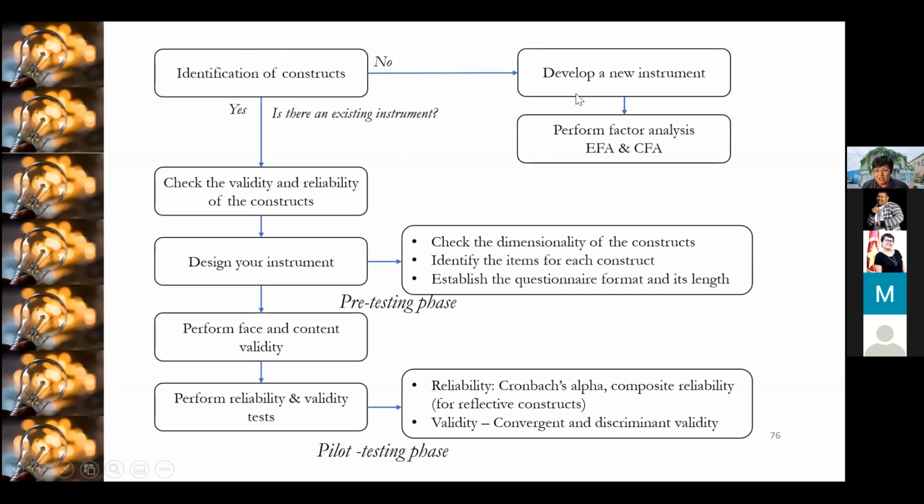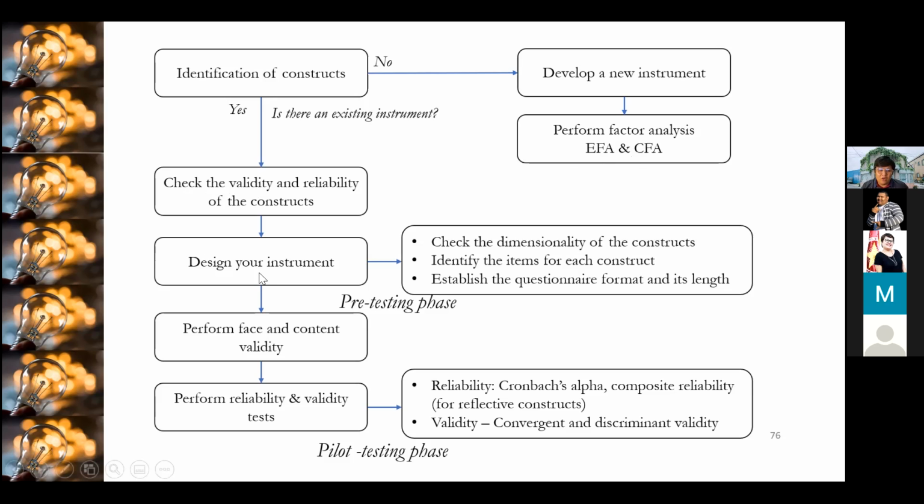And I mentioned yesterday that in developing a new instrument, we need to perform factor analysis, including exploratory factor analysis and confirmatory factor analysis. On the other hand, if there's already an existing instrument or measurement for a particular construct, then we need to read and check the validity and reliability of the construct.